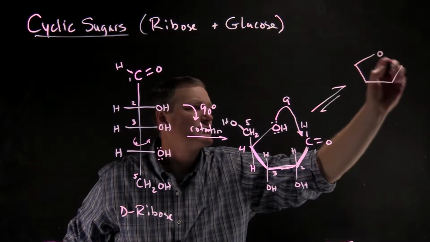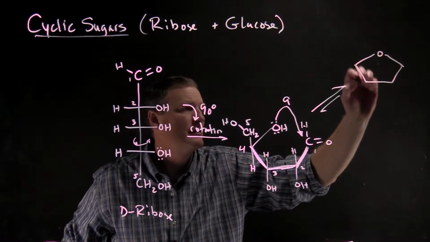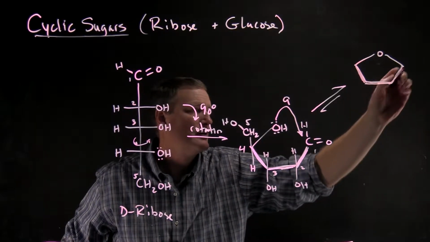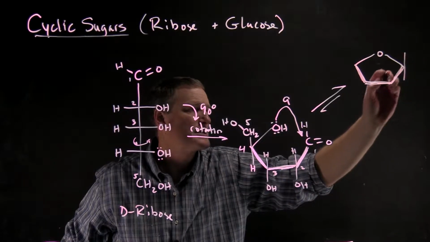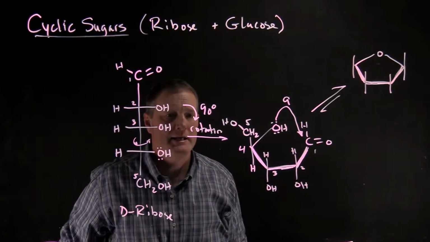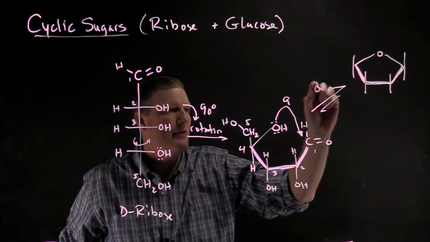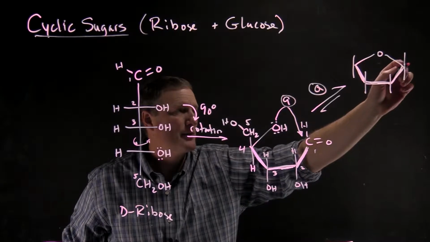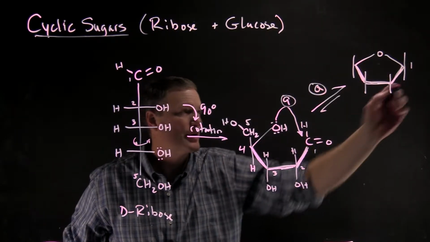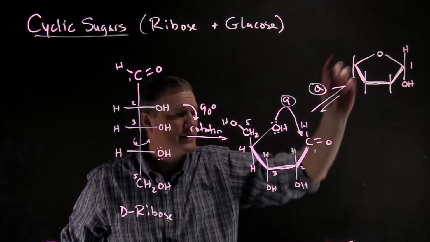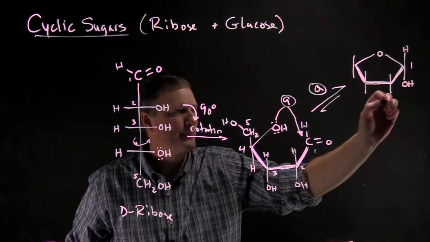To start out, just draw your 5-membered ring. We're going to make these bonds in front a little darker. And then I'm going to put vertical lines coming off each of the carbon positions. So again, if I was going through pathway A, this oxygen attaches to carbon number 1, and the OH group at carbon 1 would have to be flipped downwards. The rest of the molecule is going to be exactly the same.